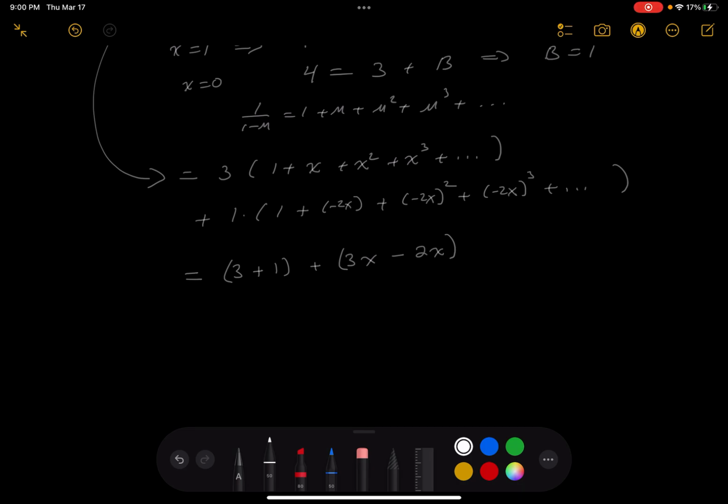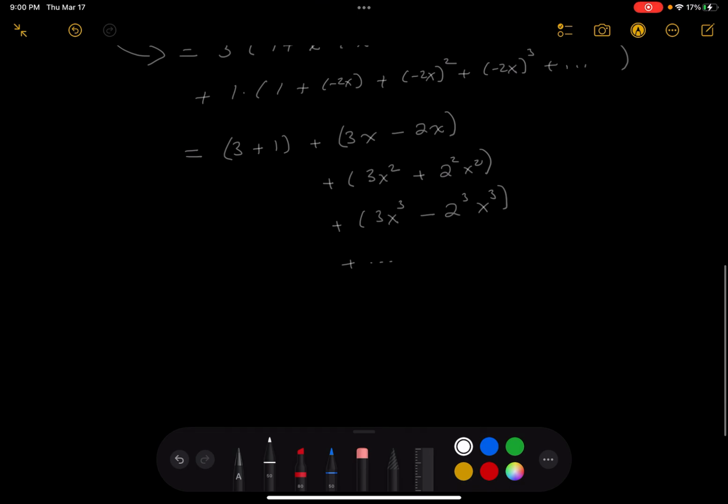All right, let's do the next one. Plus 3x squared plus 2 squared x squared. Let's write down the next one. Plus 3x cubed minus 2 cubed x cubed. I think you know the pattern now. All right? So I'm going to write this down.